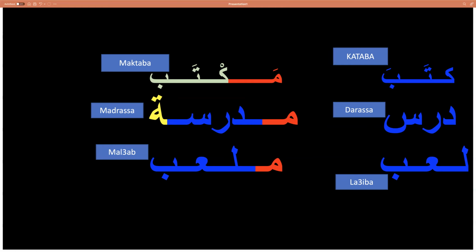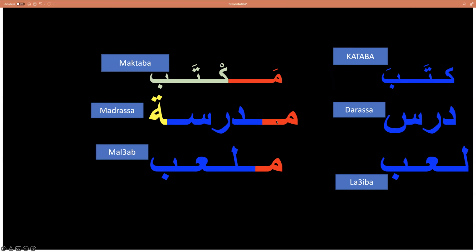So, madrasa, that means the place where you study, because darasa means study. You add ma in the beginning, in the initial position, that means the place where you study, and that means school. So, madrasa, and we also add this ta marbota at the end to indicate that the word madrasa is feminine. So we know that from ta marbota.